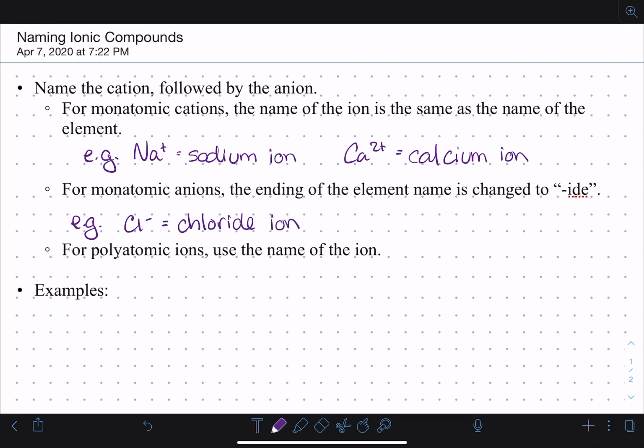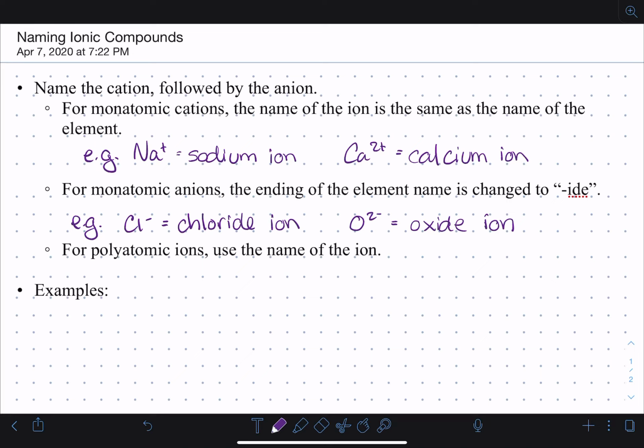So the ending of chlorine, -ine, gets replaced with -ide. O2-, the ion formed by oxygen, is known as the oxide ion. So this one we're actually replacing most of the word. The -ygen is replaced with -ide.